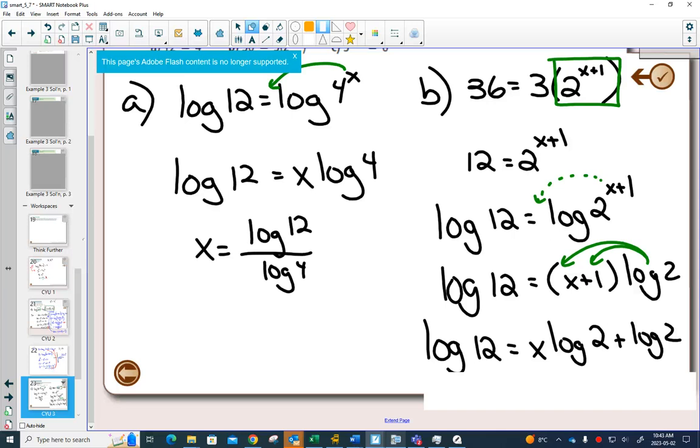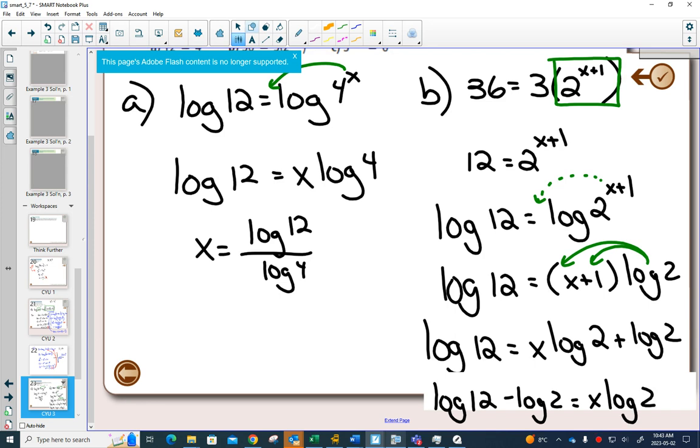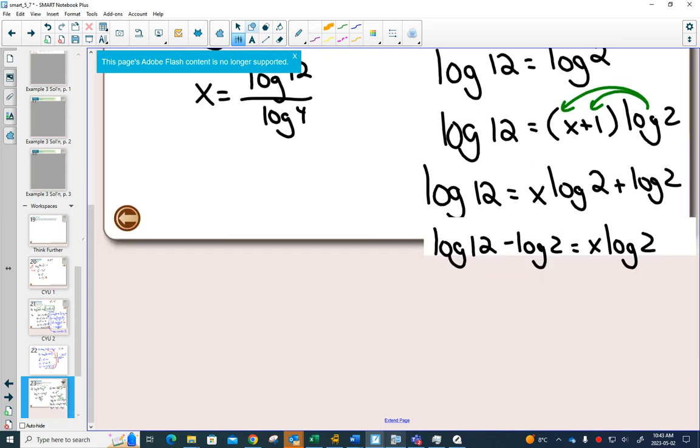Now that that x is out of the exponent, we can get the x by itself. It's just a matter of, right, I can move the log 2 over to this side, leaving me with x log 2. And to get x by itself, I now just need to divide.